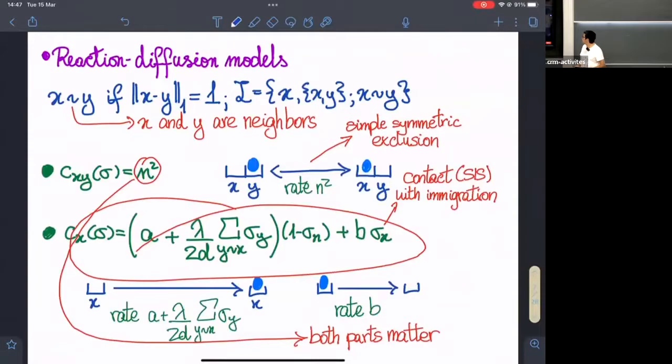Okay, so that was our crash course on interacting particle system notation. And now let me tell you what the reaction diffusion model is in a more precise way.